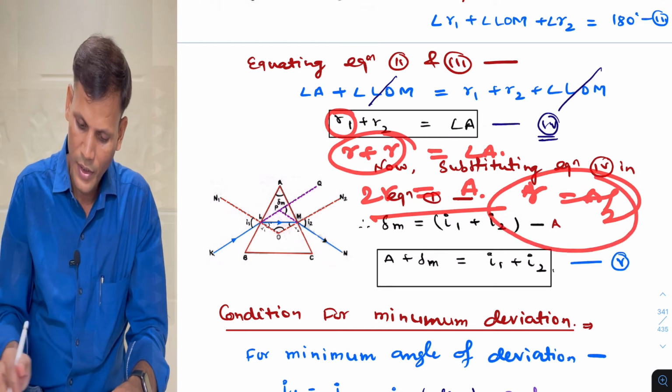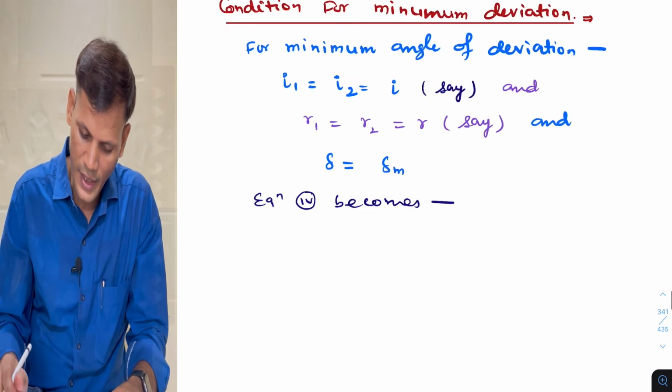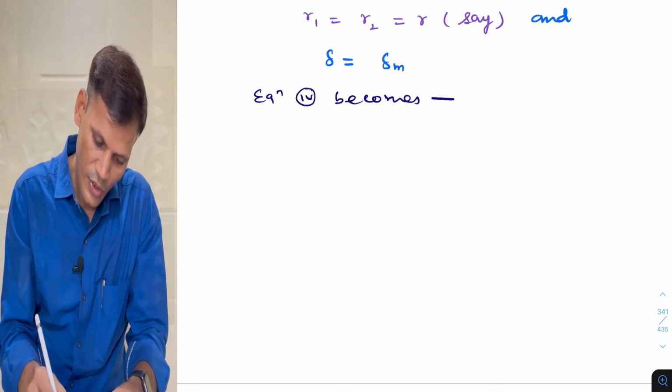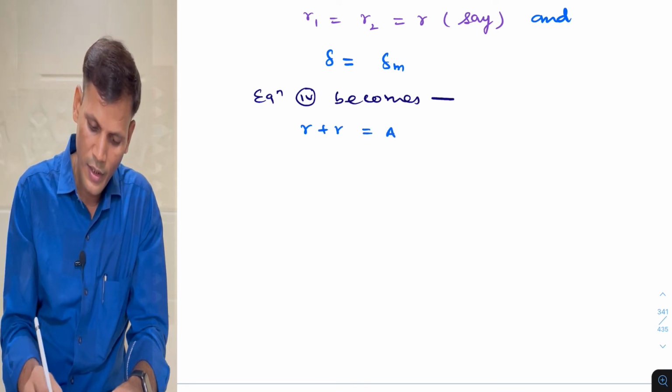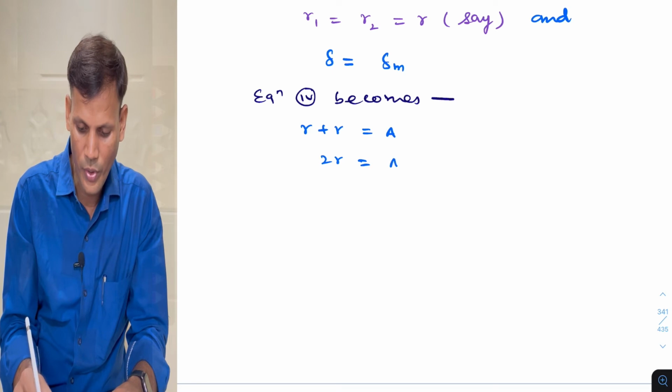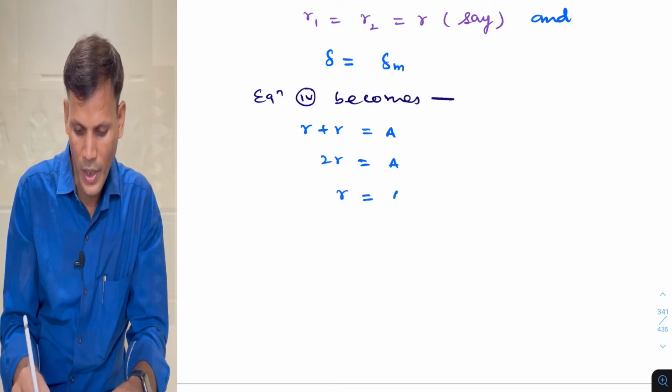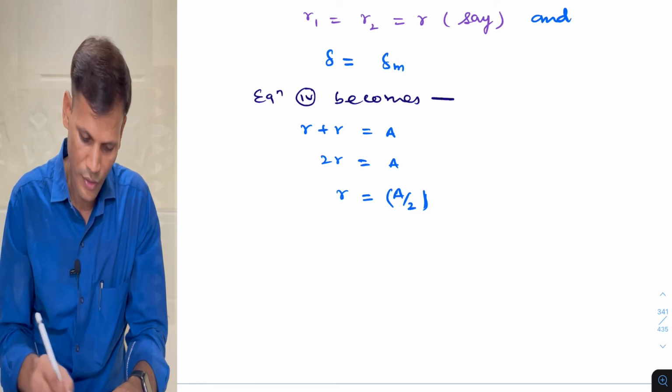So R1 plus R2 is A, that I can say. So R plus R is equal to A, so 2R is equal to A, so R will be A by 2. This is the angle of refraction.